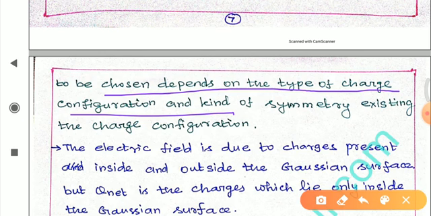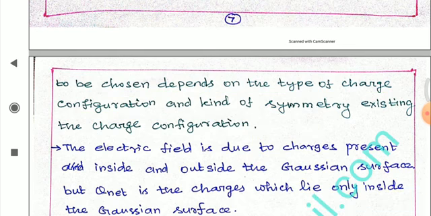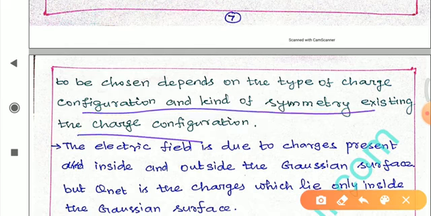Okay, suppose in a particular point so many charges are accumulated, here very few charges are accumulated, then we have to take a triangle. So depending upon the configuration of the charges located inside the surface, the shape of the Gaussian surface has to be chosen.